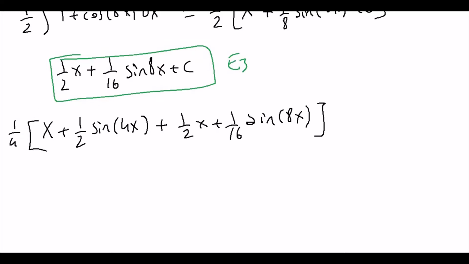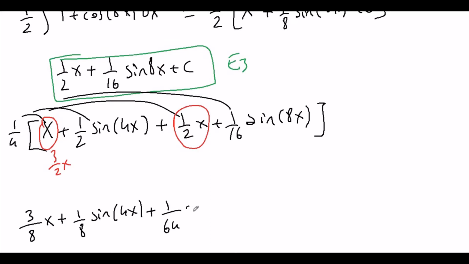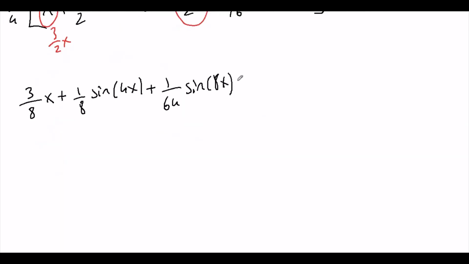Before we distribute 1/4 in the parentheses, we can merge these like terms. x and 1/2 x makes 3/2 x. So 1/4 times 3/2 x is 3/8 x, plus 1/4 times 1/2 is 1/8 sine of 4x, plus 1/4 times 1/16 is 1/64 sine of 8x. And this is done for block E totally. So this is our block E.